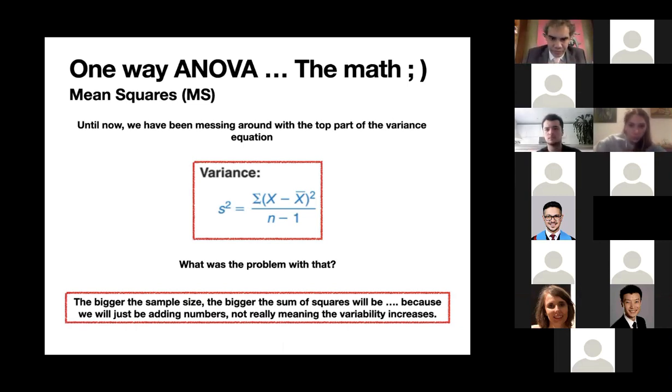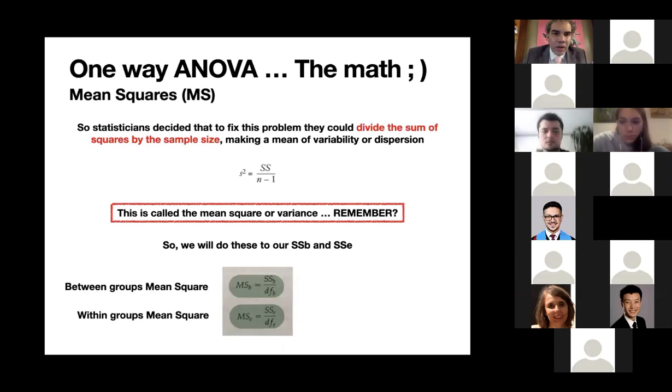That's all. So when I divide my sum of squares by my degrees of freedom, I'll get my mean squares, okay, or my variance. This is my variance equation, which is also called mean squares, okay?